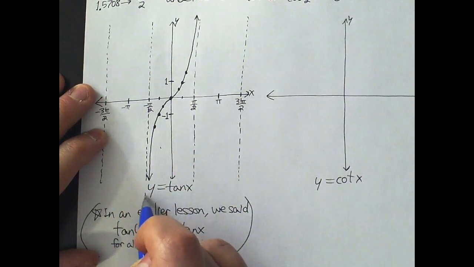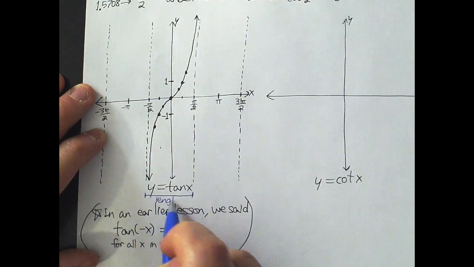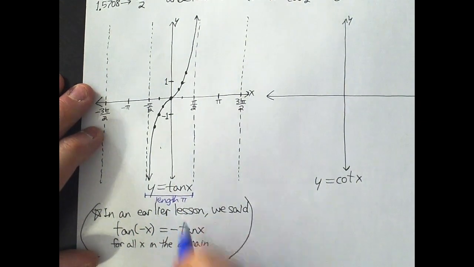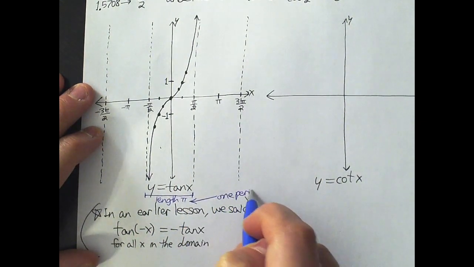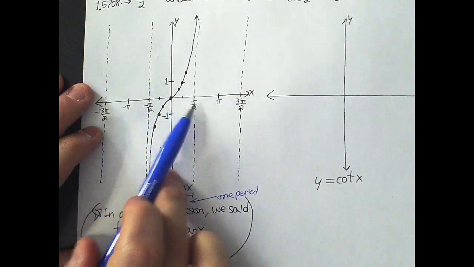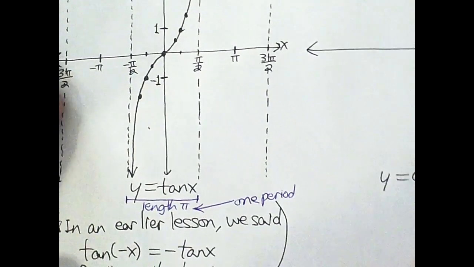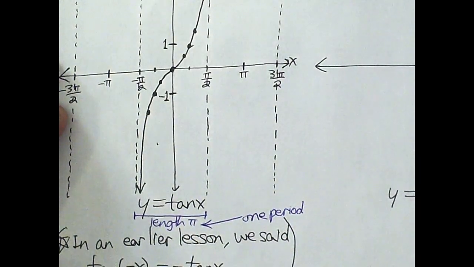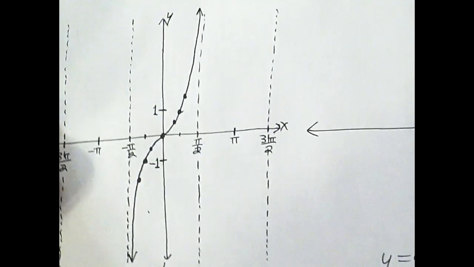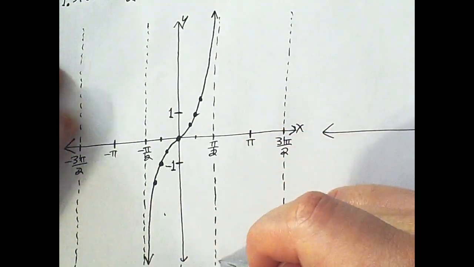From here to here, this length is pi. So isn't that 1 period? So we went from negative pi over 2 to positive pi over 2. Do you see that? So we drew 1 period, and periodic functions are supposed to repeat themselves after that. So what happens is you can take what we drew and copy and paste it to the right.